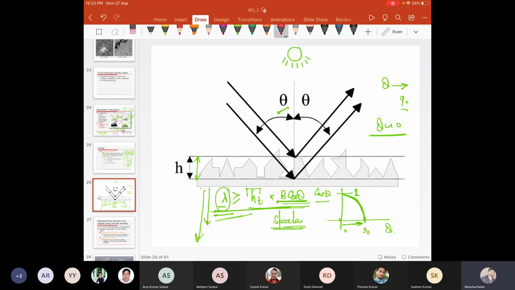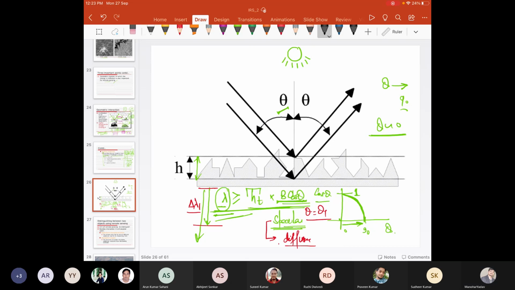If you want to change this inequality to move from specular to diffuse, this is the change required, delta lambda 1, to make it specular to diffuse at, let's say, theta equal to theta 1.